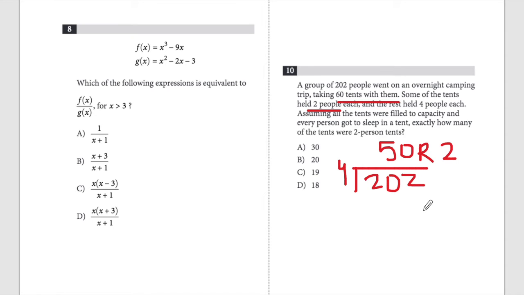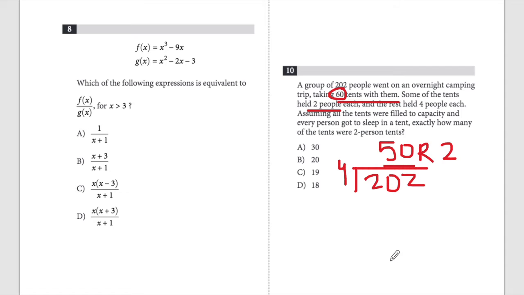So as you can see, if I do it this way, what do you notice? 50, if each tent had 4, I don't think that'd be right. That doesn't make sense. And not just that, they were taking 60 tents with them, and 50 plus 1 is only 51 tents. We need 60 tents, so obviously that wouldn't work.